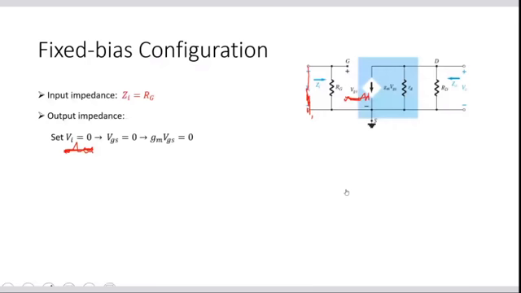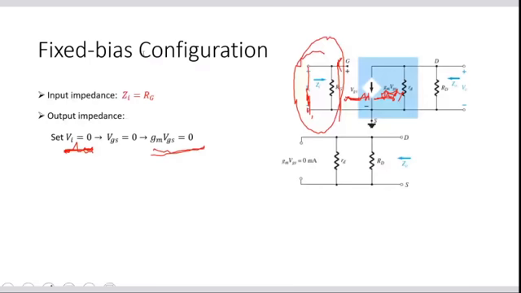Because of that, gm into VGS is also equal to 0. Finally we have a circuit like this.